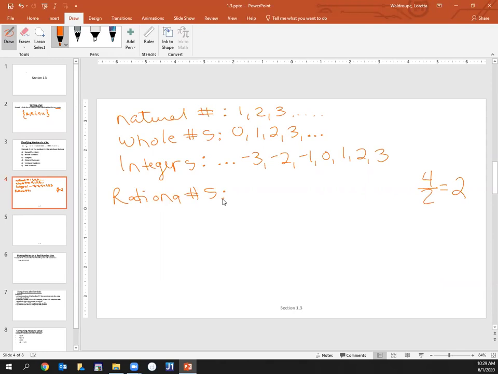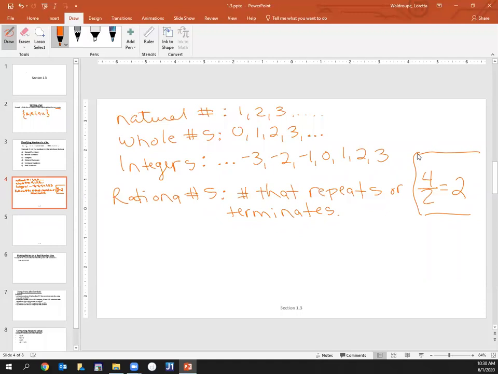A rational number is a number that repeats or terminates. So it can be a fraction or it can be a decimal. When you think of it as a fraction, it has to repeat or it has to terminate.